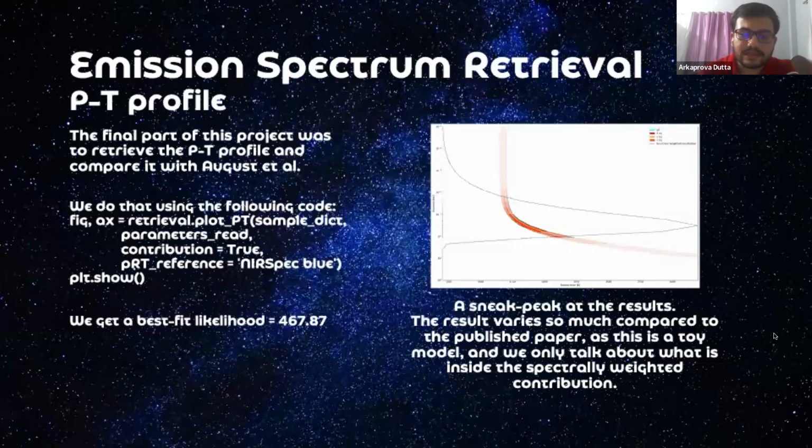That is the reason why, although we are supposed to ideally get pressure versus temperature inversely proportional, in reality, outside of the contribution peak, we should not get such a constrained curve. But inside of the contribution peak, we get a pretty good curve. So I think the data actually works in some sense.